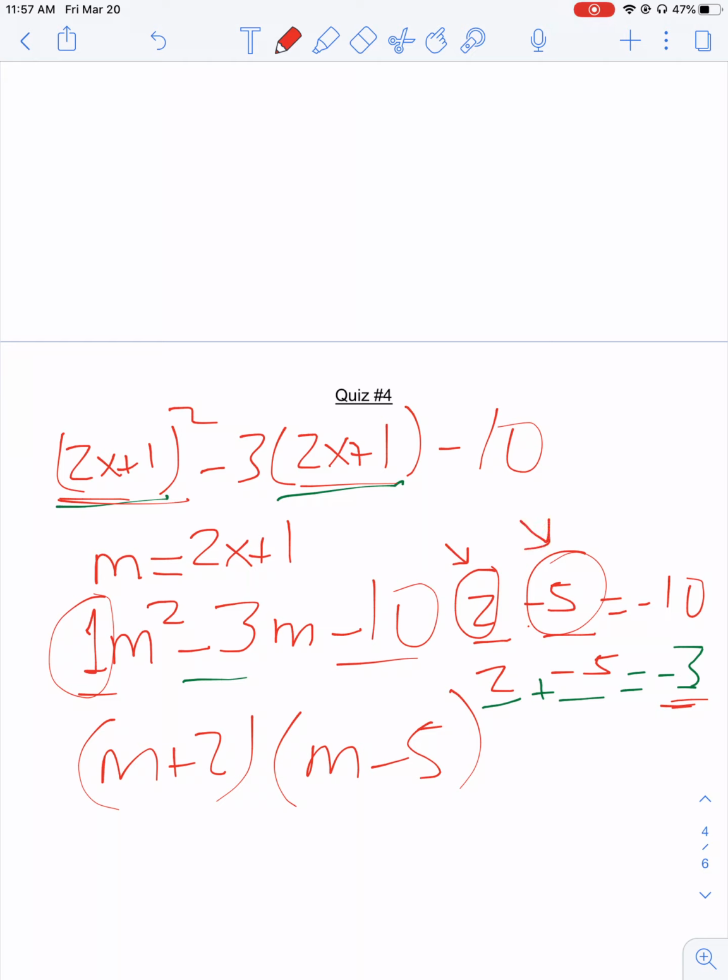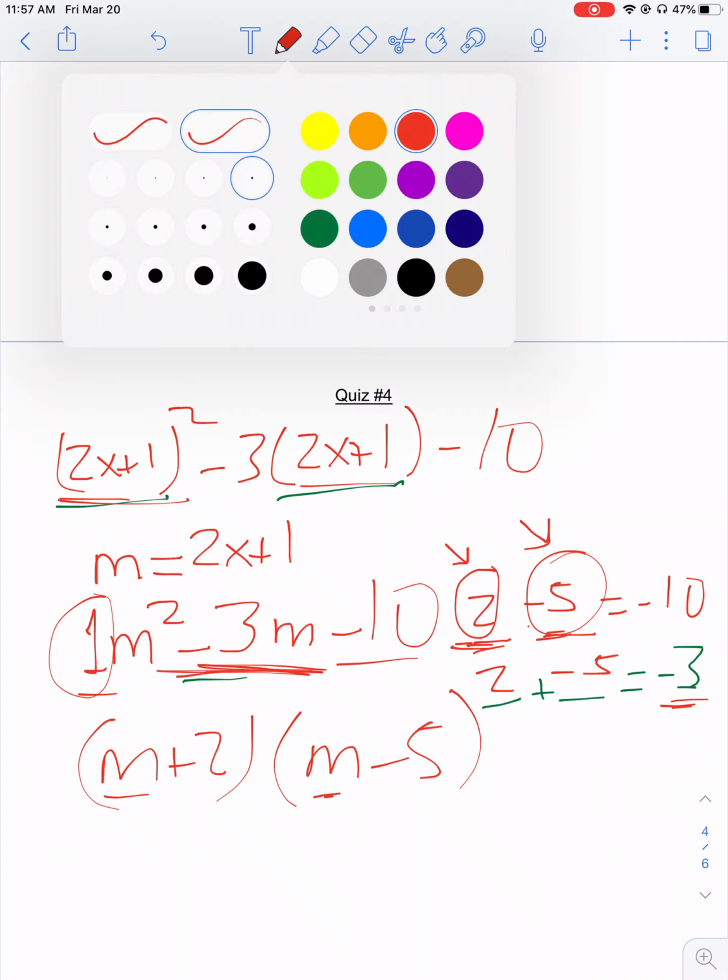You're just writing the variable, and then the first number, and then your variable again with the second number. You could also rewrite minus 3m in an intelligent way, so that would be 2m minus 5m, and then do grouping. But that's just, I mean, it will work, but it's time consuming, okay?